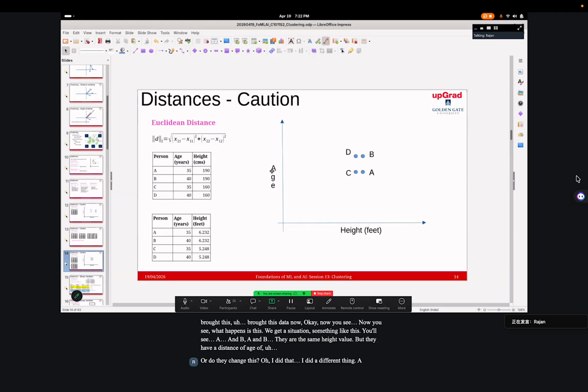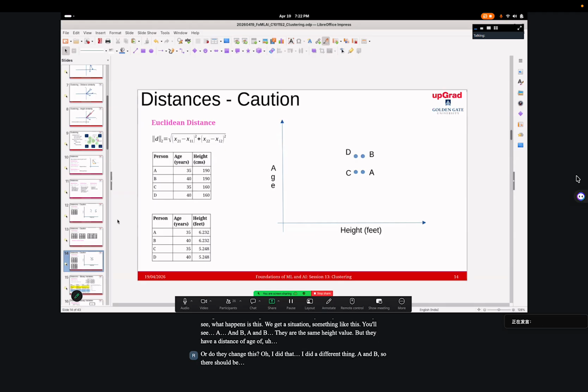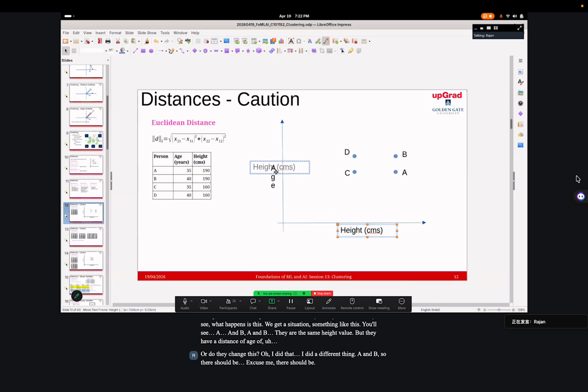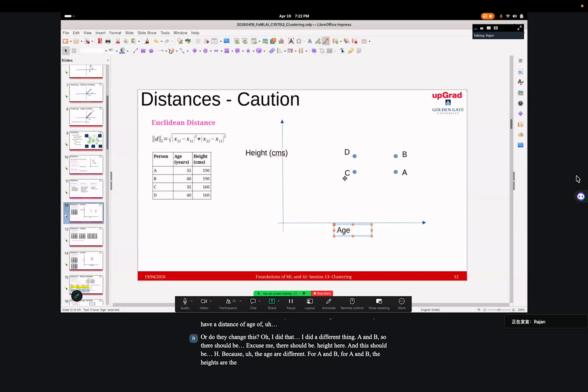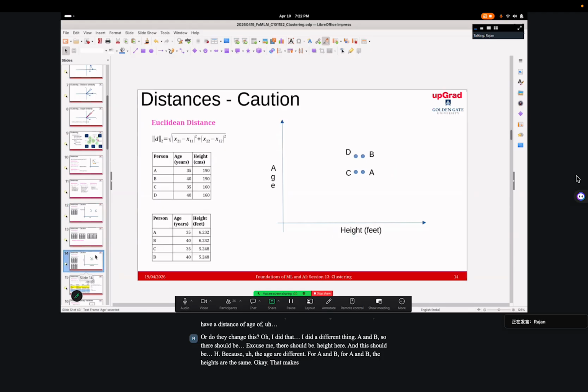A and B. So this should be height here, and this should be age here. Okay, because the ages are different for A and B. For A and B, the heights are the same. Okay, that makes sense.